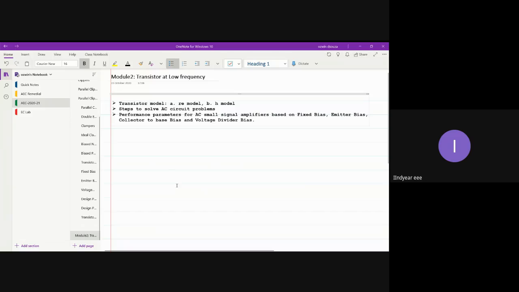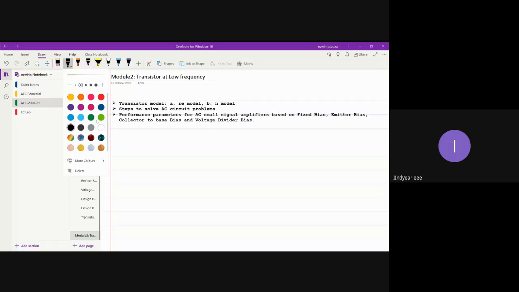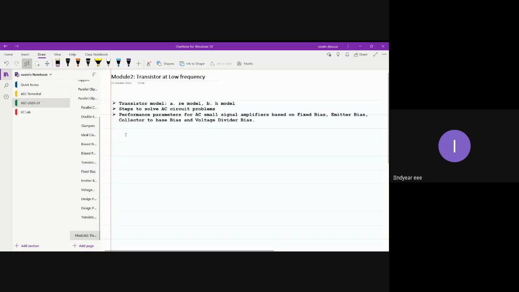All right, fine. Let me take up the introduction. In the introduction, let me introduce you to the concept of equivalent circuit.